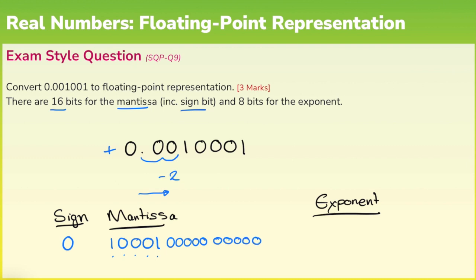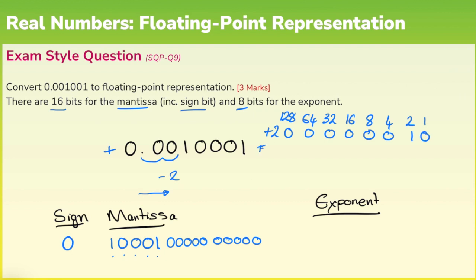zeros. Now for our exponent. Our exponent has to be 8 bits: 1, 2, 4, 8, 16, 32, 64, 128. And we're looking for the positive value for 2, which will be 0, 0, 0, 0, 0, 0, 1, 0.